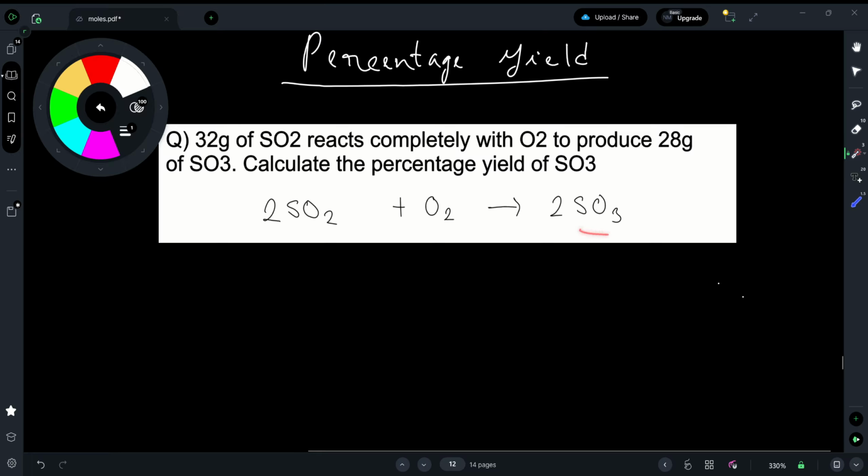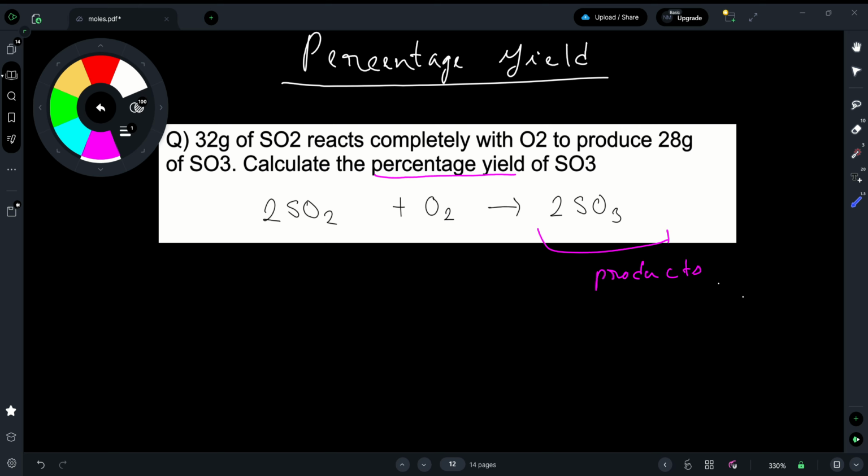Okay, so as soon as we see percentage yield, every time you're given percentage yield, you're going to be given the mass of a product, right? Everything on the right side of the arrow is products, and these are reactants.